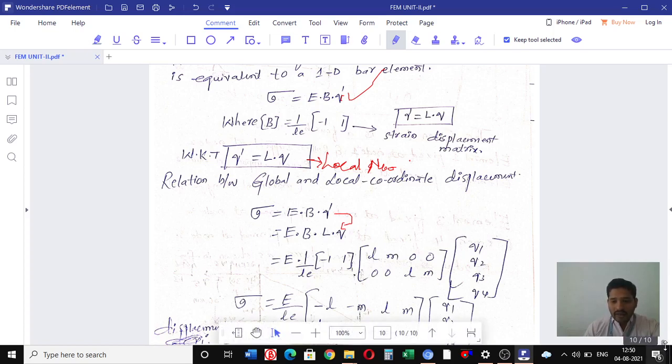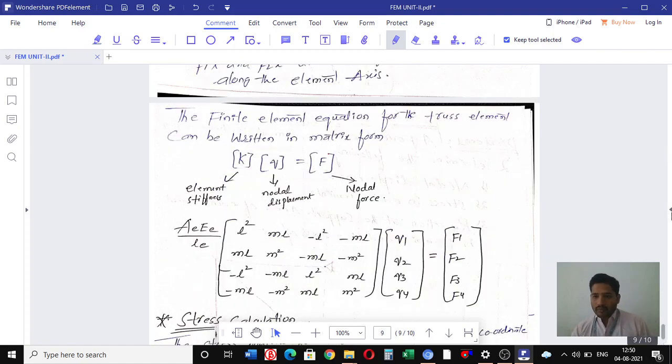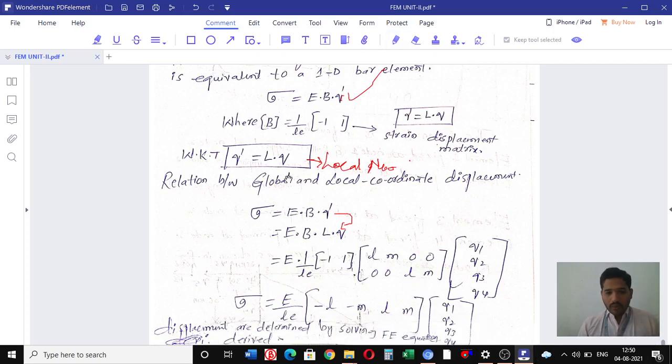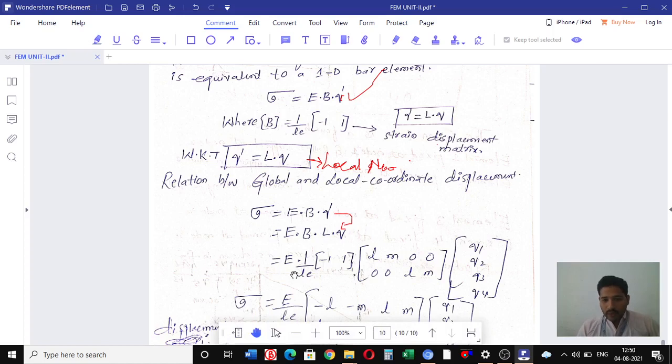Okay dear, after that, let us see, again you need to multiply this equation. Sigma is equal to E by LE.